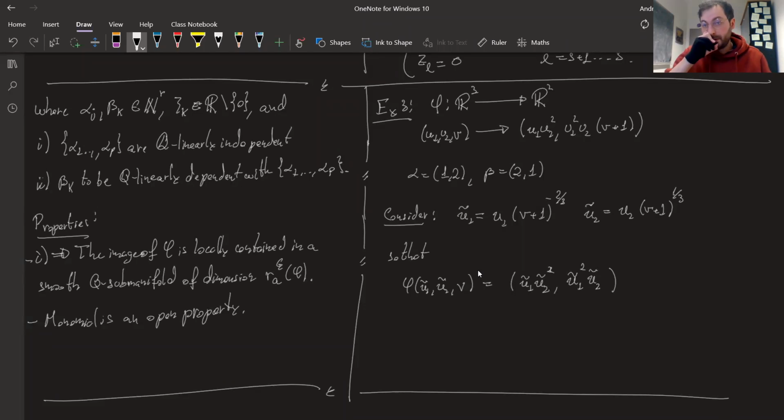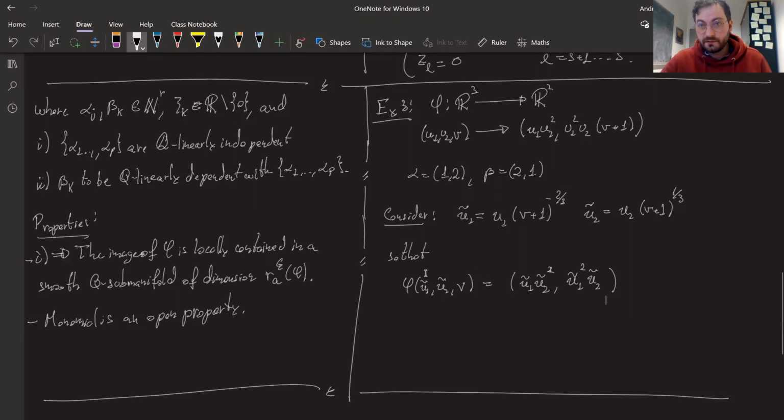Now the V doesn't appear anymore. We use the fact that alpha and beta are not linearly independent to make a change of coordinates that can be absorbed into the monomials, so the coordinate V actually did not need to appear. The morphism is independent of this V.